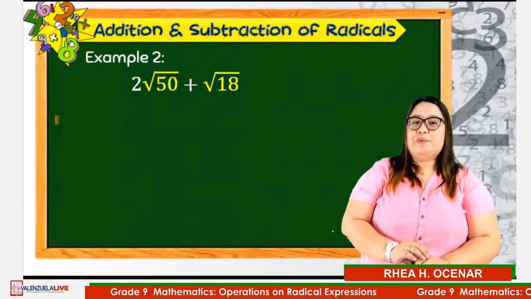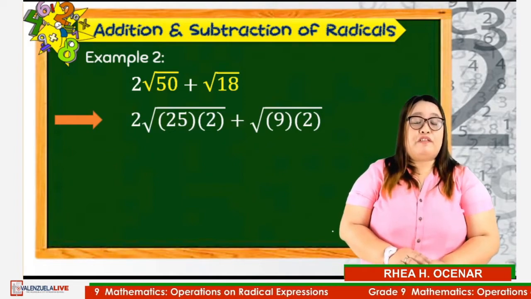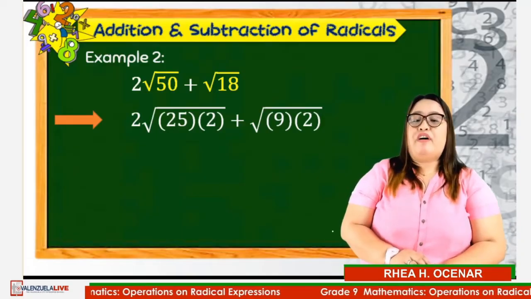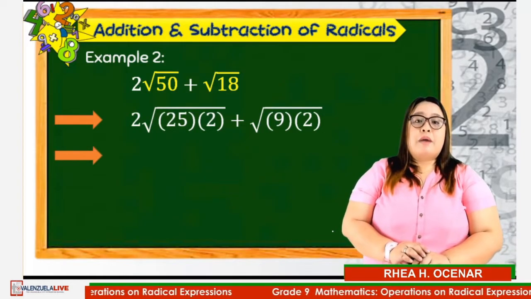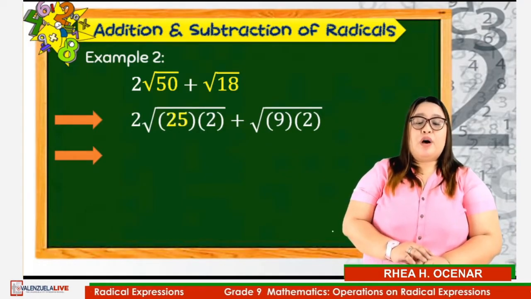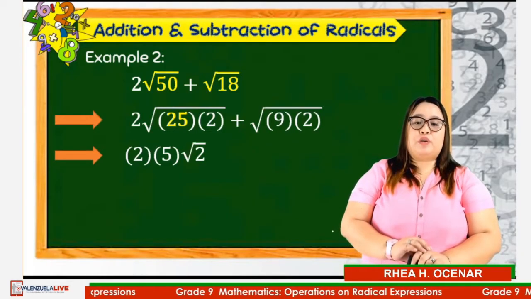We have now 2 square root of 25 times 2 plus square root of 9 times 2. By simplifying square root of 25, we have 2 times 5 square root of 2.